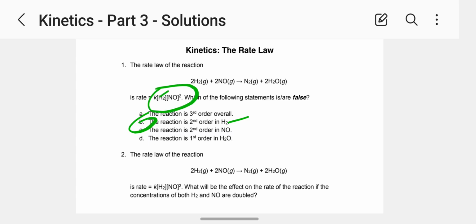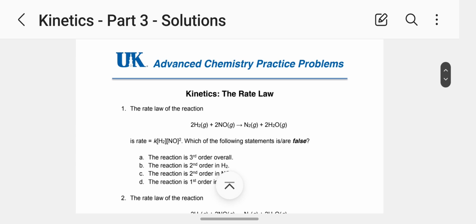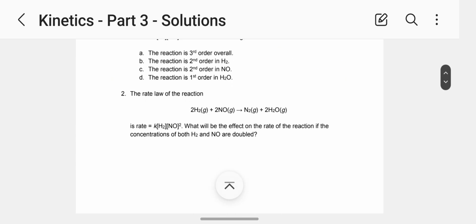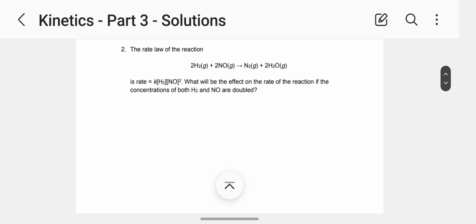It is first order. You can see this power is only 1 in the overall reaction. Alright, so the wrong equation here is B1. The law of the reaction is this.